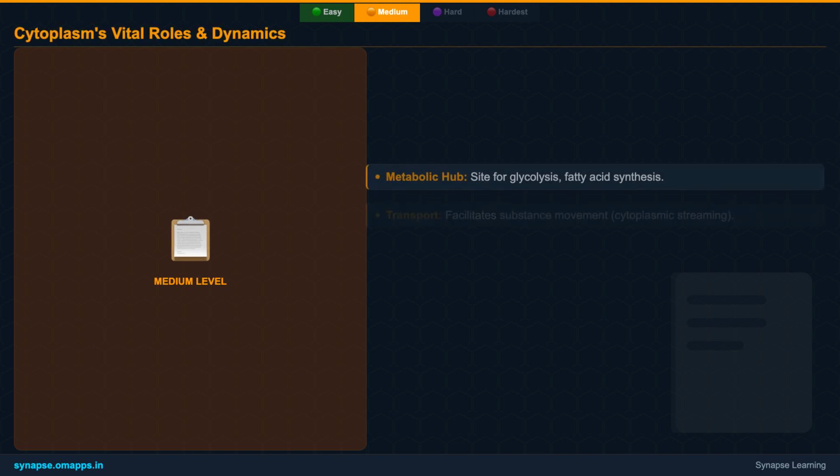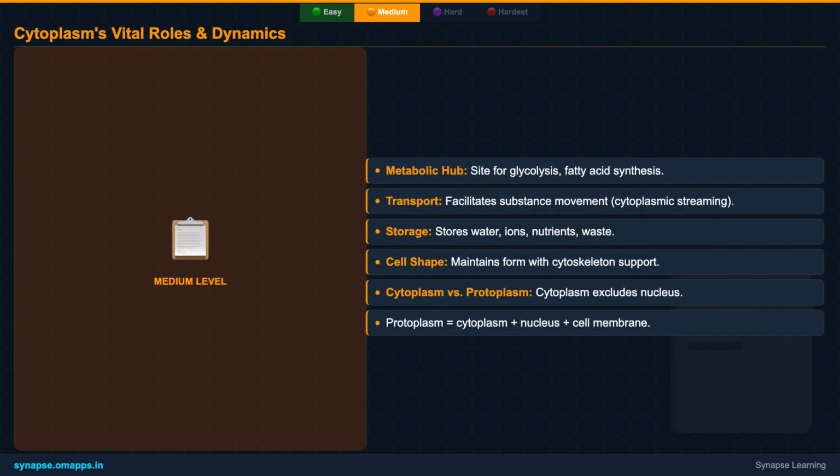The cytoplasm performs several vital functions. It acts as a metabolic hub, hosting pathways like glycolysis and fatty acid synthesis. It's essential for intracellular transport, with cytoplasmic streaming facilitating movement of substances. It's also critical for storage and homeostasis, maintaining the cell's internal balance of water, ions, and nutrients.